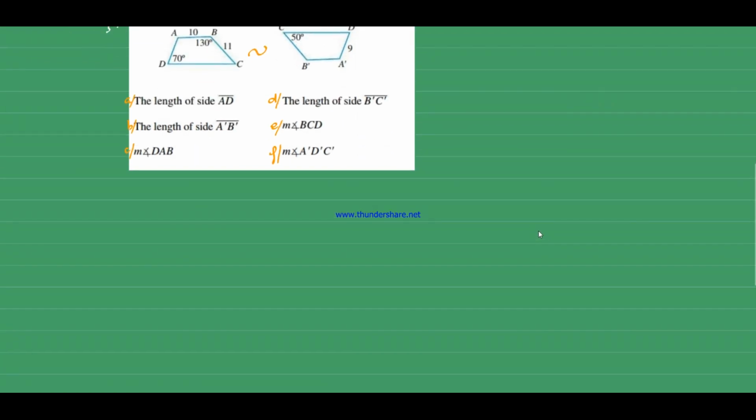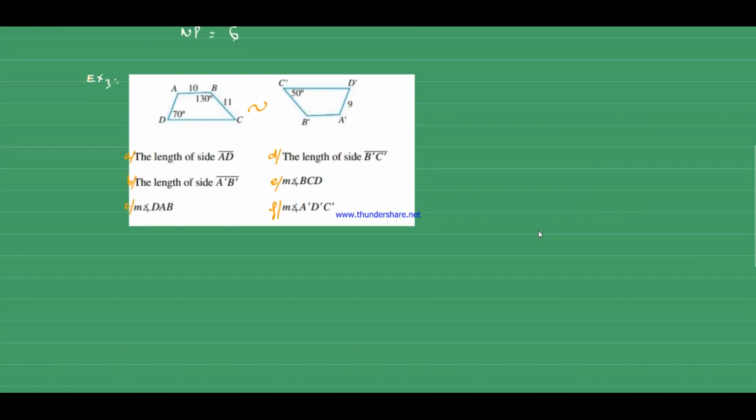Now I'm going to go ahead and set up a proportion. So first of all, let's see. So 70 goes with this one right over here. We're going to do A, B, C, D similar to A prime, B prime, C prime, and D prime.